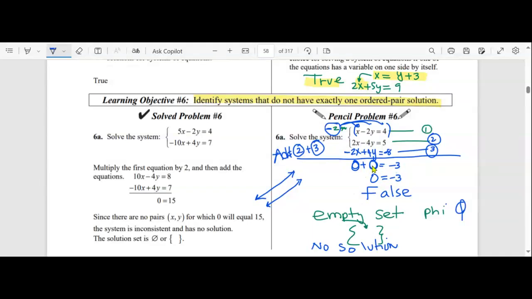When I did it, both of them came to 0. So you get 0 equal negative 3. Is this true or false? False. 0 never equals negative 3. And the negative 3 came because 5 minus 8 gives you negative 3.